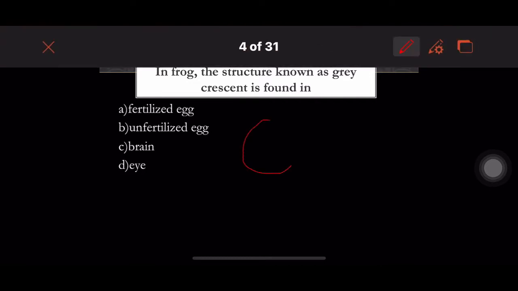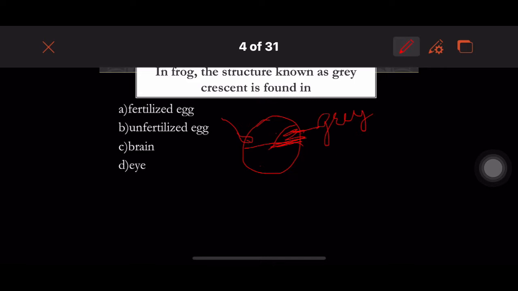If this is the egg of the frog, and let's say this is the point of entry of the sperm into the egg, then in the area just opposite the point of entry of the sperm, the pigments from the surface of the egg migrate into the interior, from this crescent shaped area. Since the pigment migrated from the surface into the interior, this area becomes grey in color, right? So that is why it is known as grey crescent, right?